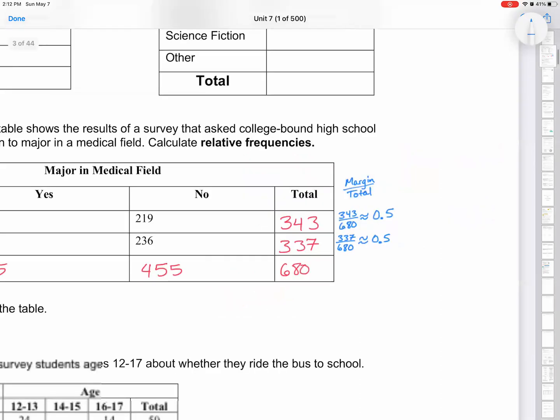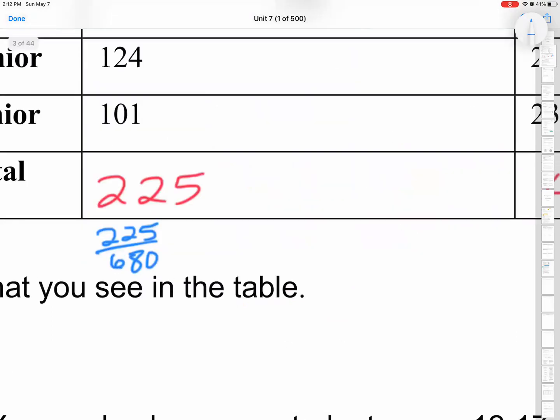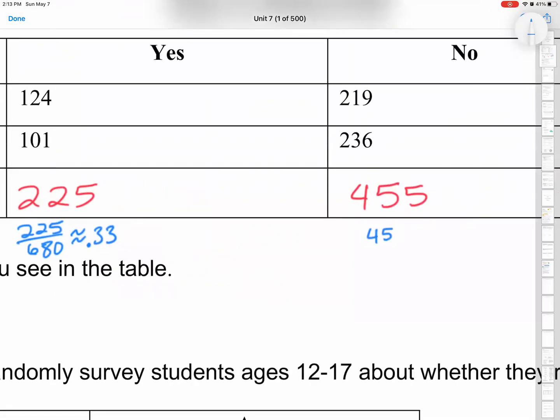And then same thing here, you'd have for those going in the medical field, 225 are out of the total 680. We don't really care if they're juniors or seniors. We're just saying, hey, how many are going in the medical field? And so 225 divided by the 680, we end up with the value of about 33%. So 0.33 or 33%. And then those not going in is 455 out of 680.